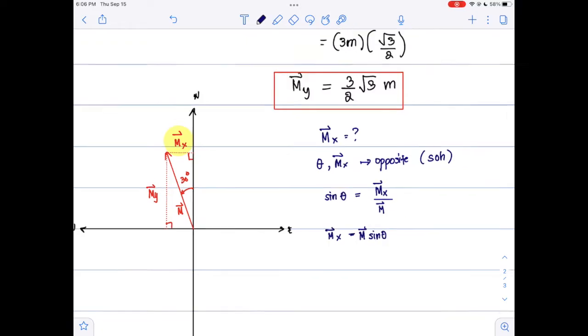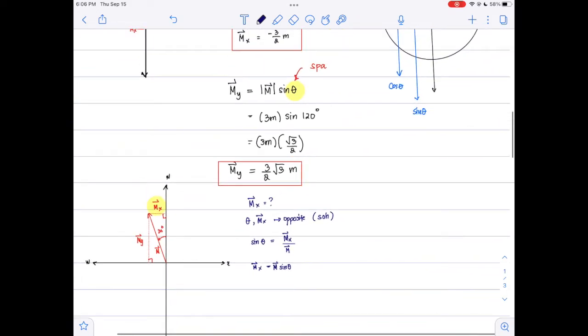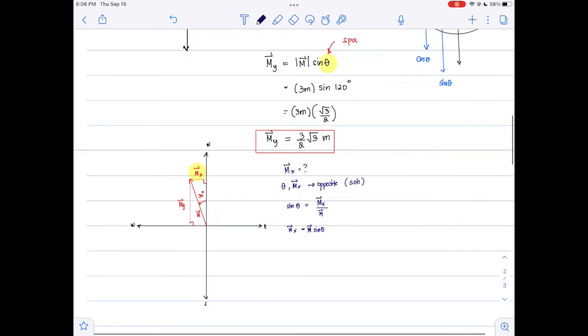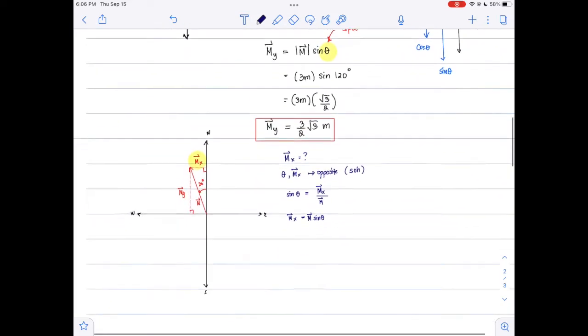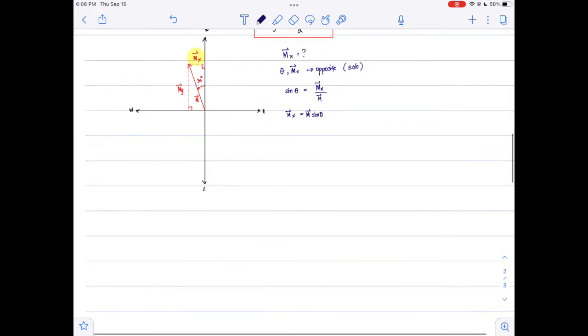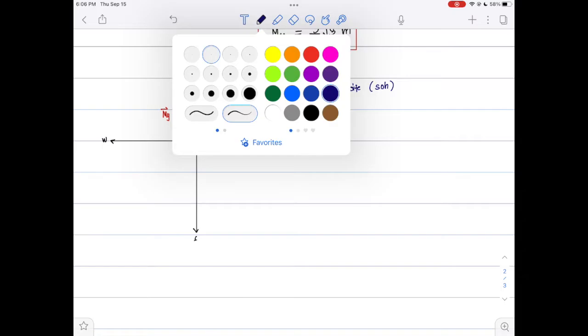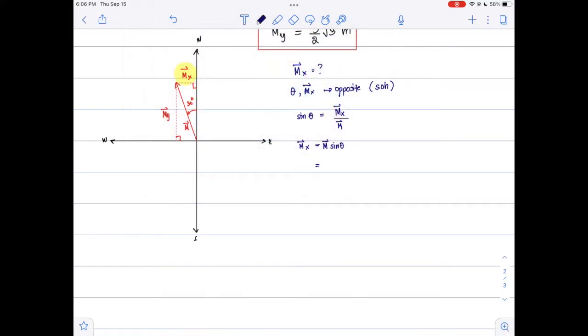Take note, if you are using the standard position angle, which we did last time, cosine is the function you used. Here, it's sine. So it depends on what you do. Continuing, your vector m is 3 meters, but this time you are going to use the angle itself, which is sine of 30.